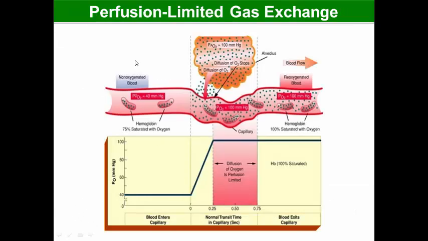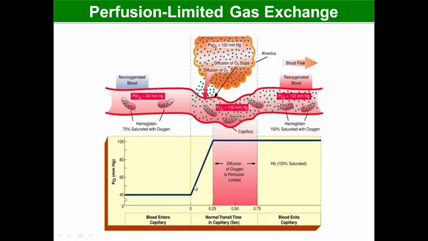Again, this is the perfusion limited oxygen exchange. So see here, 0 means the beginning of the pulmonary capillary. 0.25, so now, this blue line is the partial pressure of oxygen.